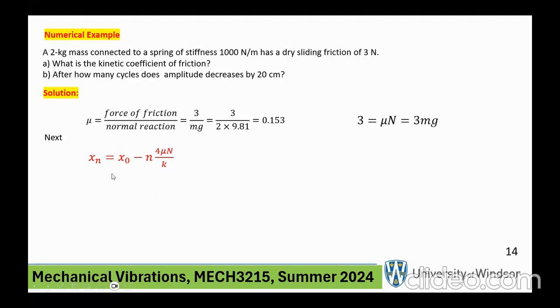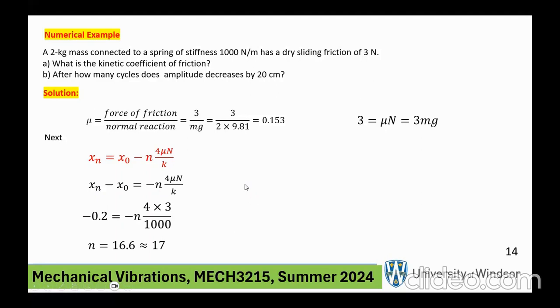So this is what you get. Now, if you take x naught to the other side, you have this thing you're told is 20, in other words, final amplitude minus the initial amplitude. In this expression, we have mu, we have n, and we have k, and we're going to get n out of it. Approximately 7 full cycles.